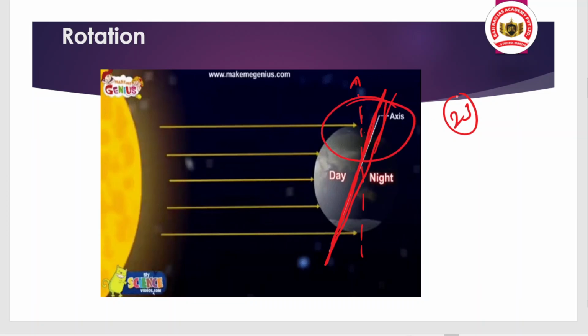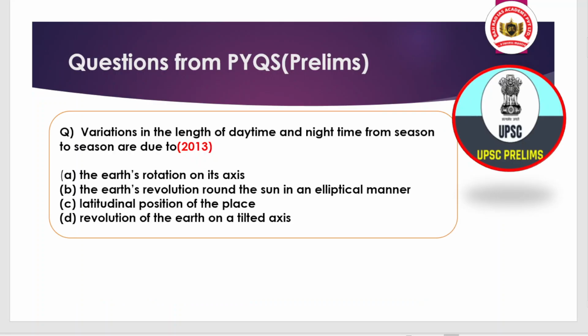Like we have the summer when the Earth is tilted toward the northern hemisphere, and when there is winter, it means the sun rays are falling vertically in the southern hemisphere. That is the point. And after understanding this point, you can answer the question.